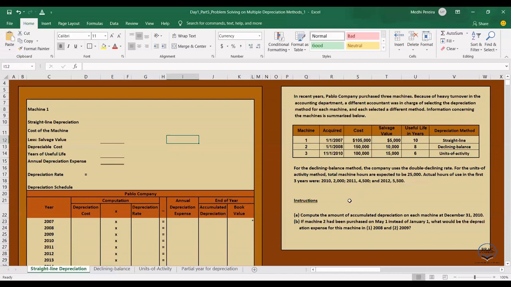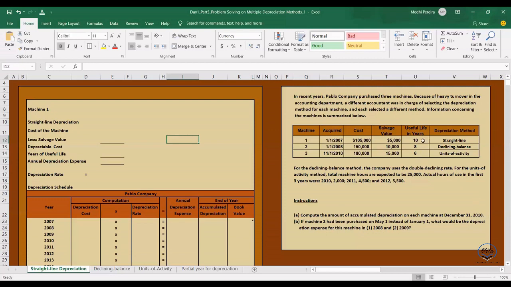So now let us consider what has been instructed. We are instructed to compute the amount of accumulated depreciation of each machine at December 31st, 2010.